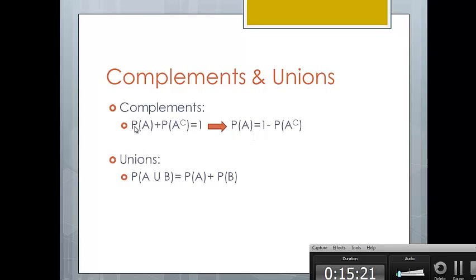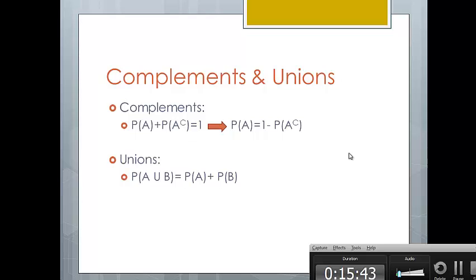So for a complement, the probability of event A plus the probability of event A's complement must add to 1. Or rearranging that, the probability of event A is equal to 1 minus the probability of event A's complement. So you know that probabilities within a sample space must add to 1.